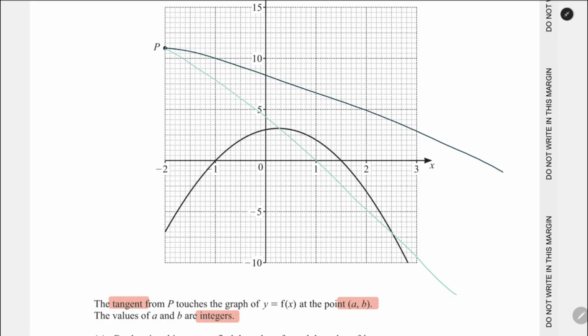So I'm going to draw the tangent now. You should use a ruler. I'm trying to wing this. Oops, it didn't come out right. I'm going to do it again.